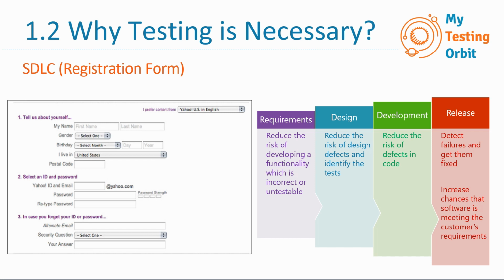While we execute the tests, if we find any deviation from requirements, this is where we report those defects and get them fixed. So that shows how testing is necessary in different phases of SDLC. This is just an example, but of course it applies to all kinds of other products and software as well.